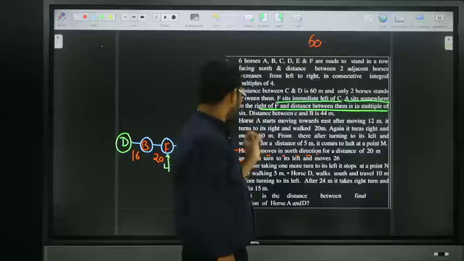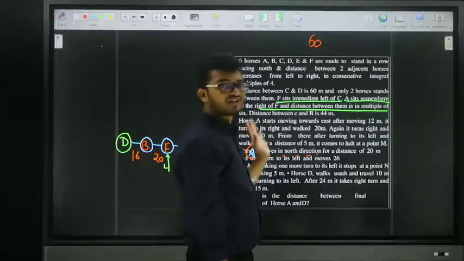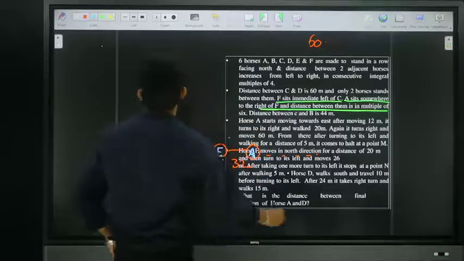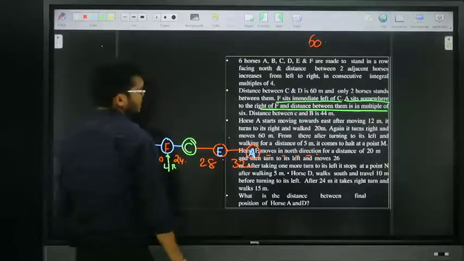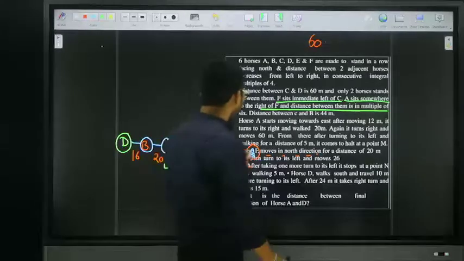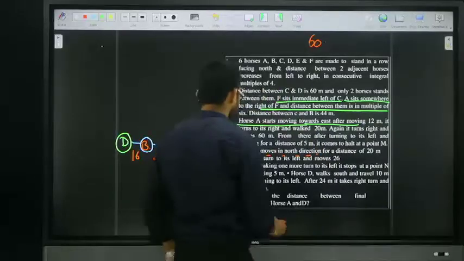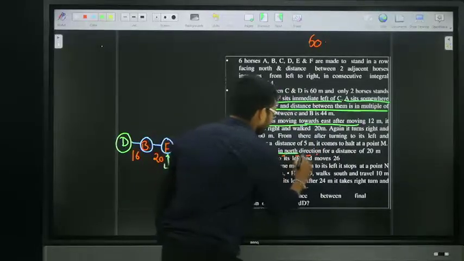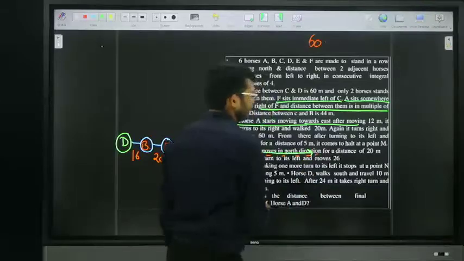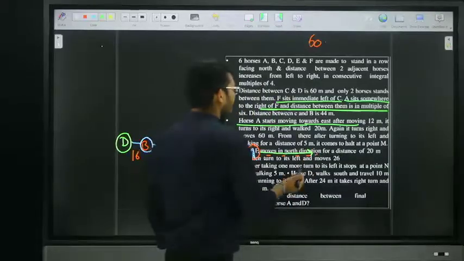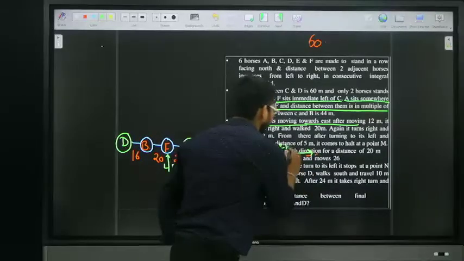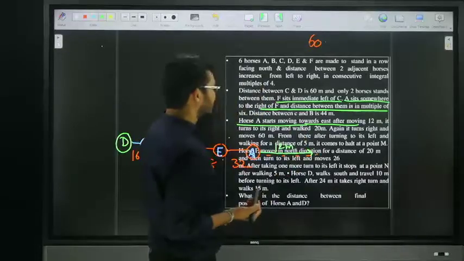Now, friends, the arrangement is completed. Now every horse is moving. Take here: horse A starts moving towards east and after moving 12 meters, it turns to right.